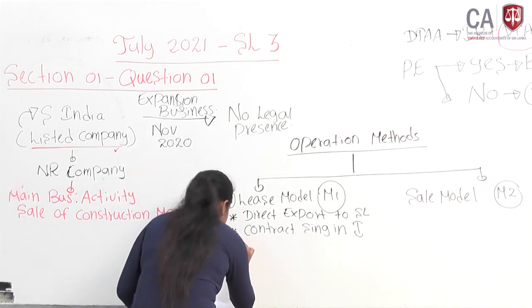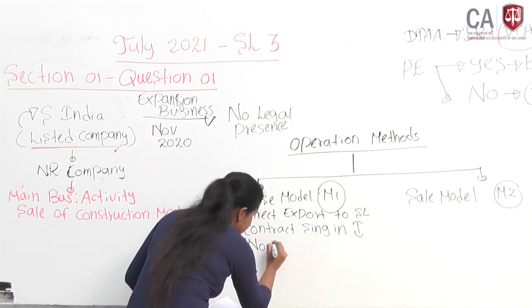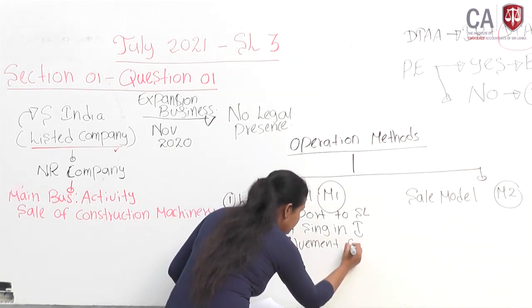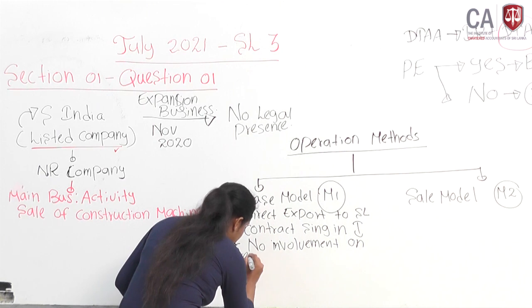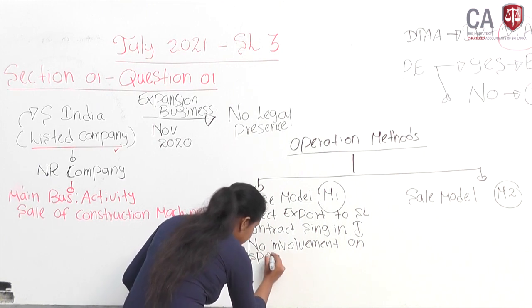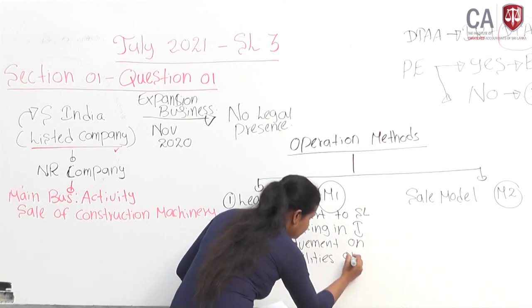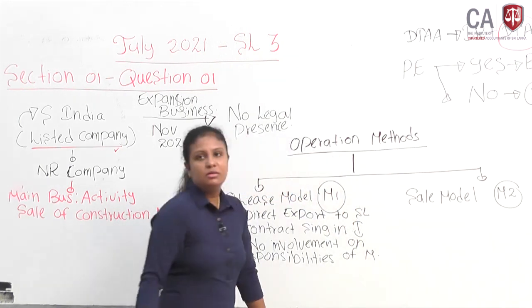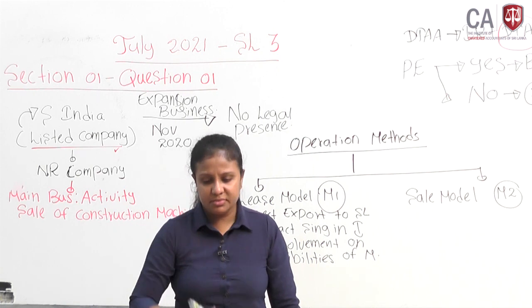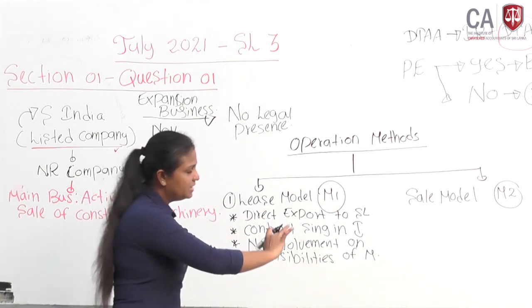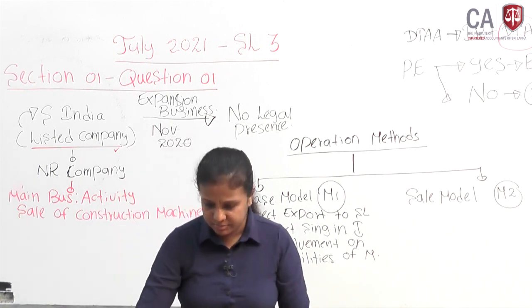The third one, no involvement on responsibilities of the machines. This is the model. Then here let me analyze the question and then we apply it to the PE thing.